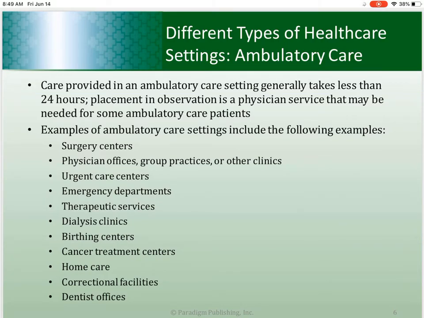Ambulatory care settings are numerous and include, but are not limited to, birthing centers, cancer treatment centers, clinics, correctional facilities, dentist offices, dialysis clinics, emergency departments, home care, physician offices, surgery centers, therapeutic services, and urgent care centers.